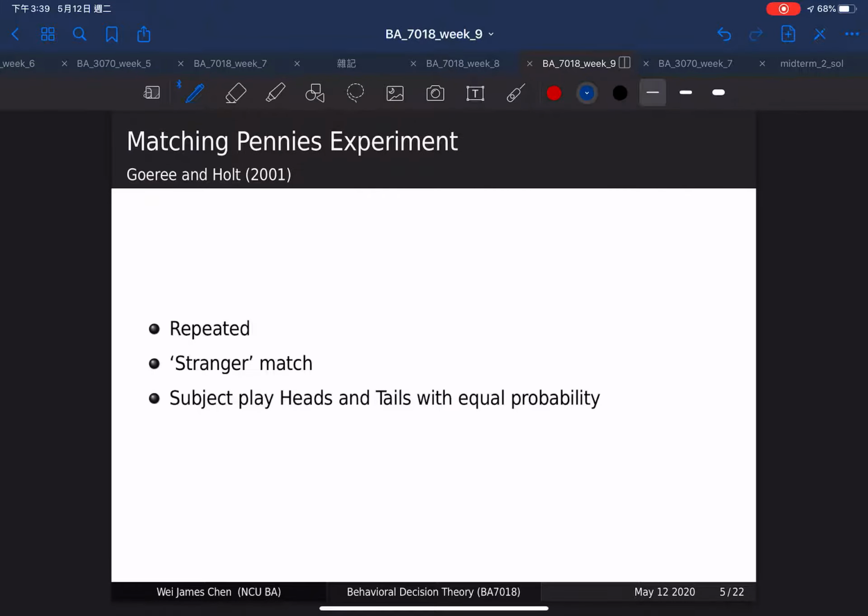In this case, we also played it repeatedly with a stranger match, and the theory did a pretty good job. Subjects do play heads and tails with equal probability. It's actually not hard to figure out that you should randomize.